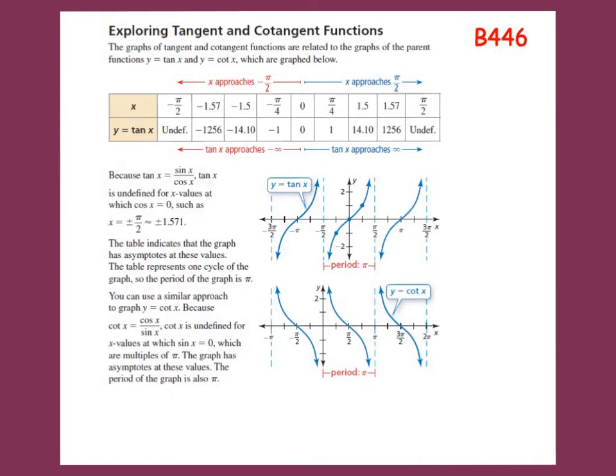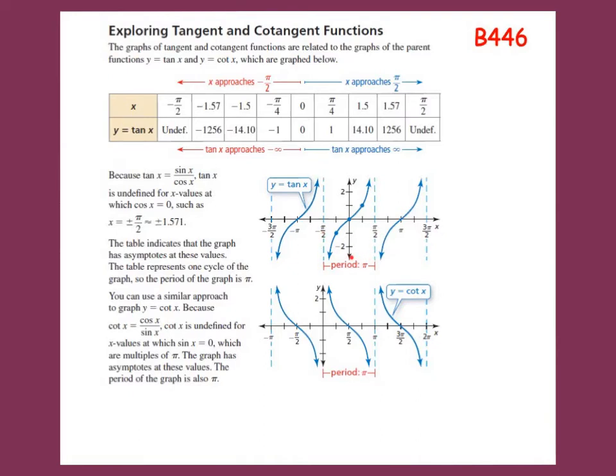And again, if you look at the graph, you can see the quarter point, which is here, the half point, the three-quarter point, which we are going to use to graph this cotangent graph. So if you look at the big differences between the graphs, the tangent graph is going to cross at (0, 0), and the two asymptotes kind of hug the y-axis.